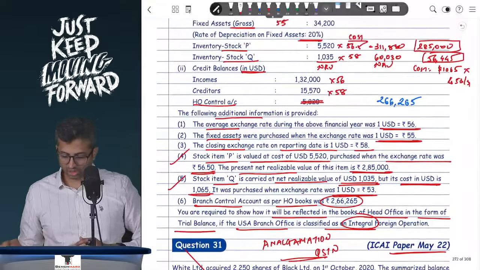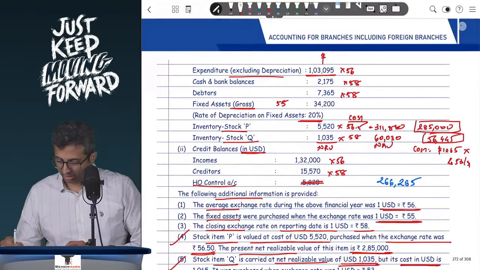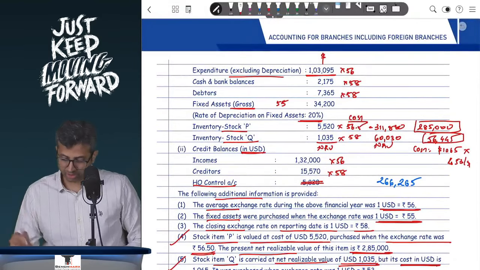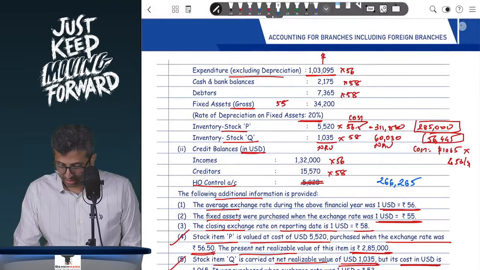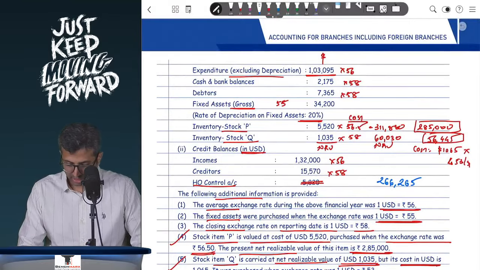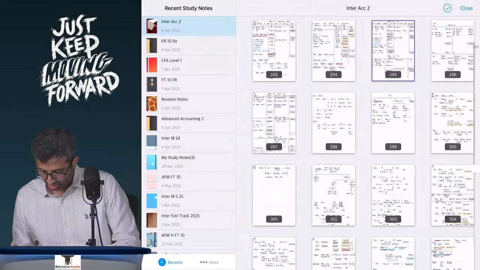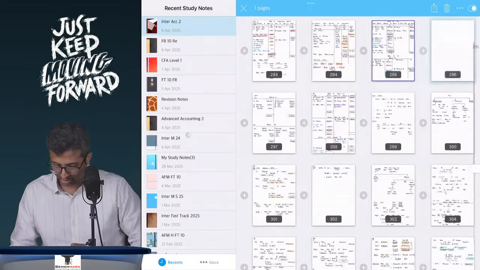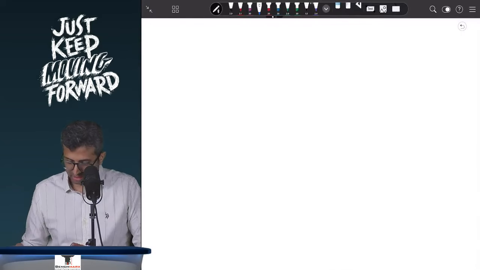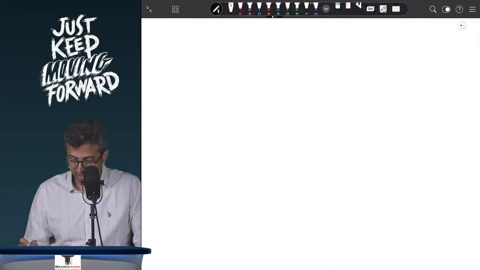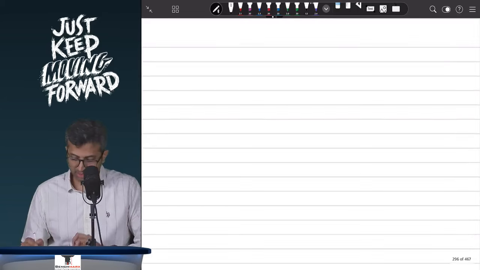So over here, if you were to make the workings, we'll first try to prepare the trial balance. You just need to convert the trial balance for this. So let us say if we were to take the trial balance for this, every item you will convert at the respective rate.